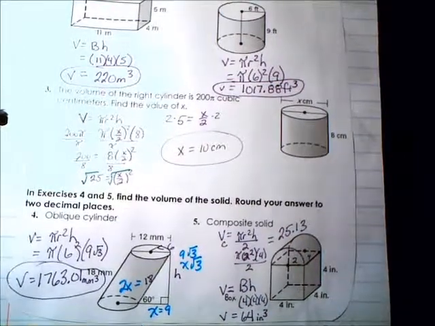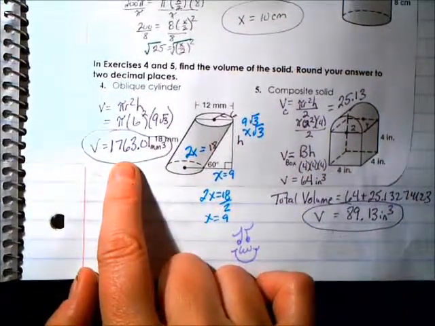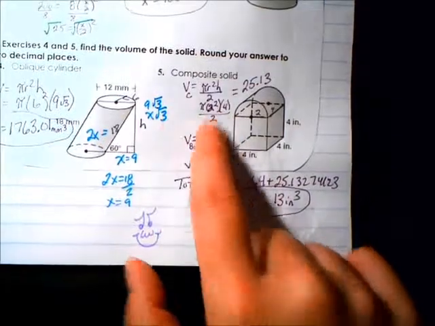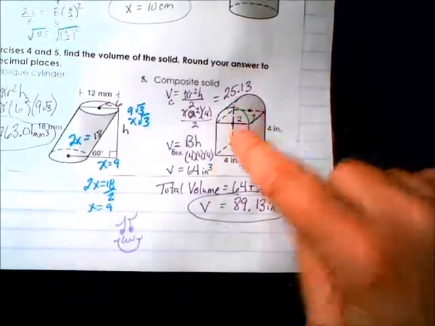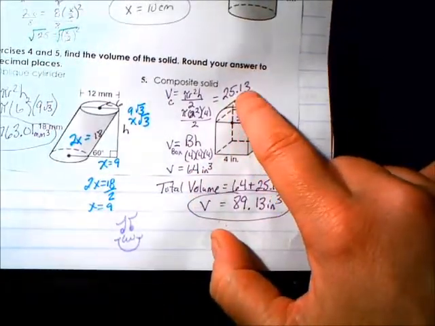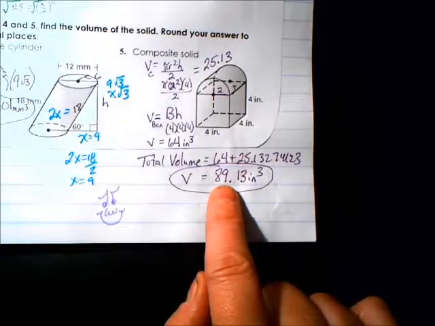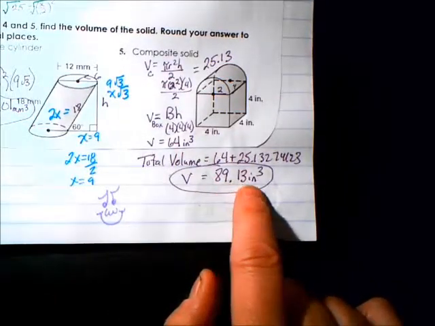And number 4 was 1763.01 millimeters cubed. And then on number 5, you had to add the top to the bottom, 25.13 plus 64, added all together. The total volume should have been 89.13 inches cubed.